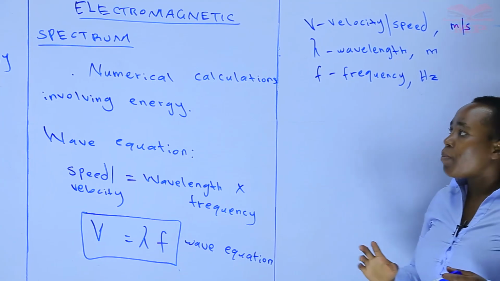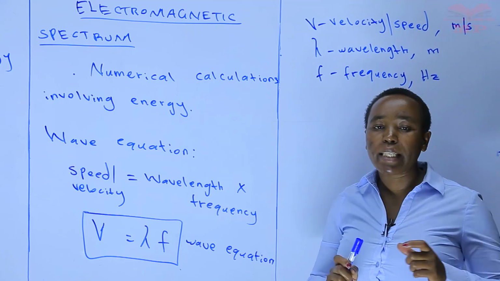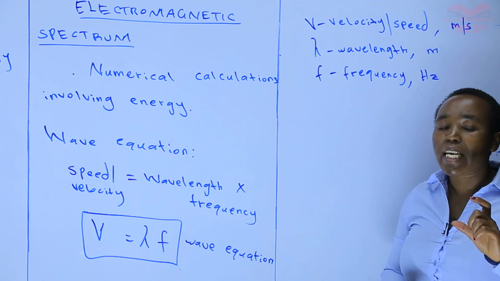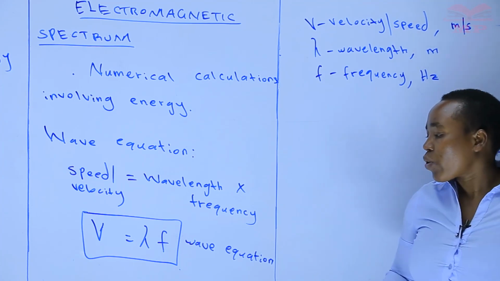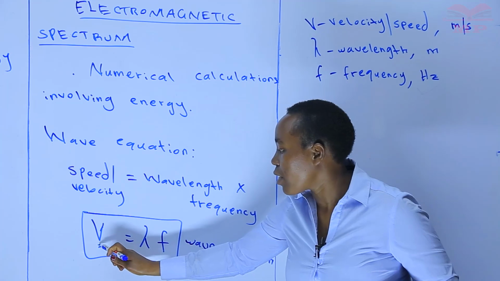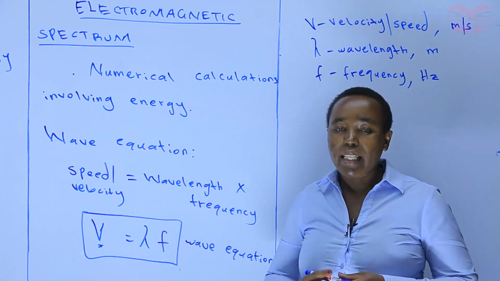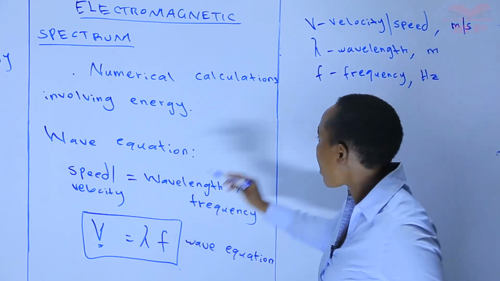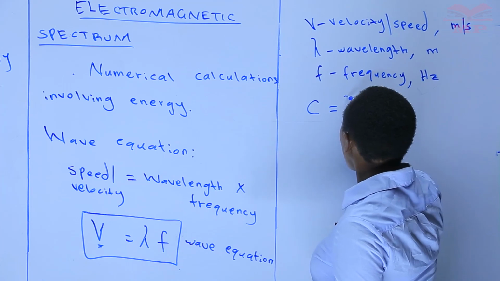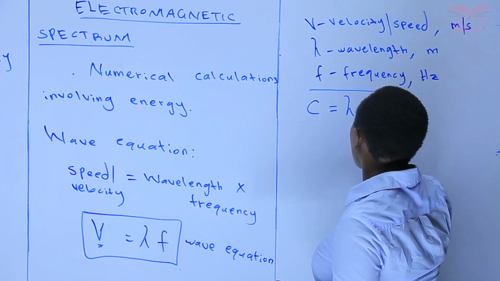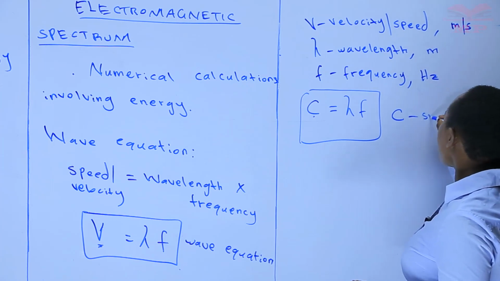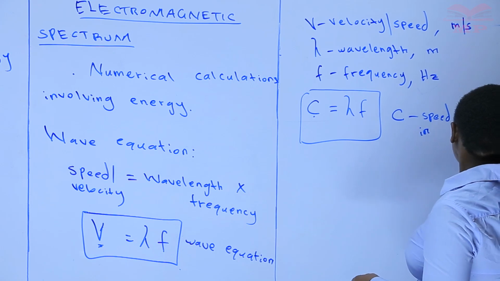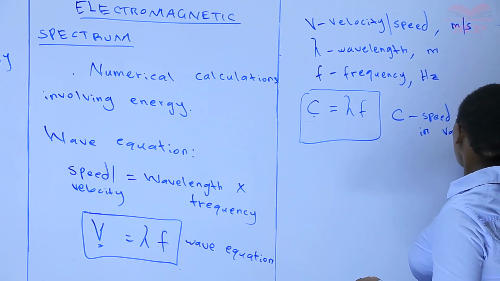In this case, as we'll be talking about electromagnetic waves, one of the other properties of EM waves is that they travel with the speed of light. So we can now use C instead of V. Letter C represents the speed of light in a vacuum. So C is equal to wavelength multiplied by the frequency, where C is the speed of light in vacuum.